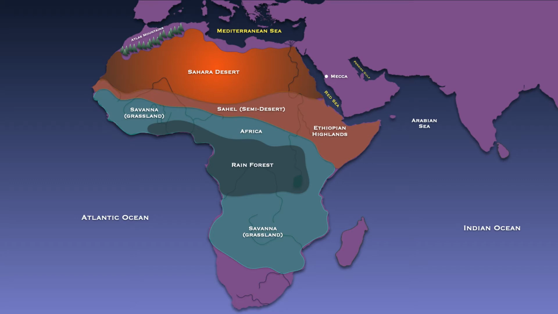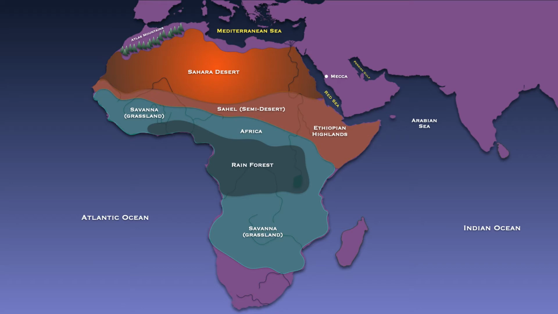And we can see basically some broad divisions of geography. You can see in the middle of Africa, there's the rainforest. The equator basically runs laterally across Africa at this point. So it's basically a rainforest.